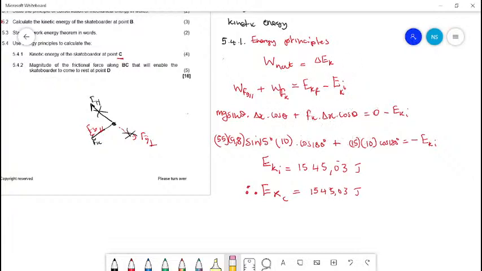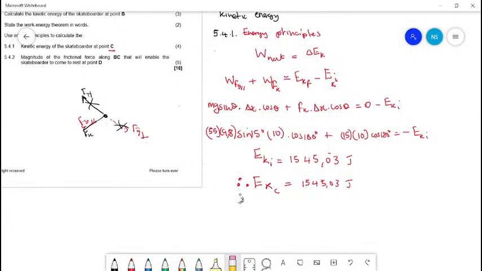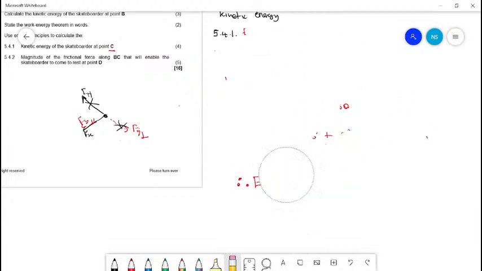In this case, I would use WNC, and the reason why I'm using WNC is because they want the magnitude of friction, and friction is a non-conservative force. So for 5.4.2, I'm going to use this principle.